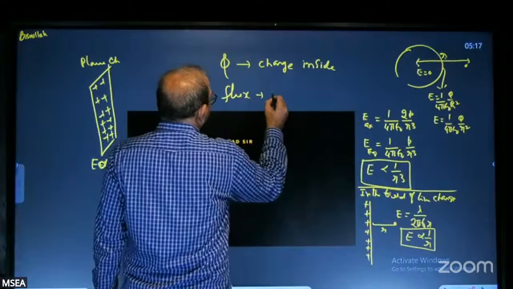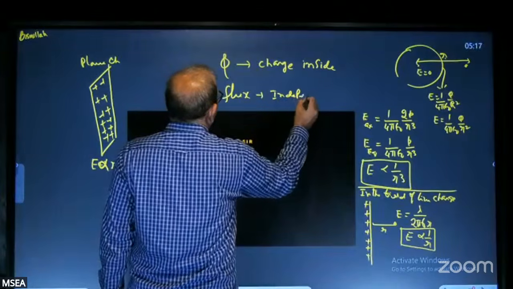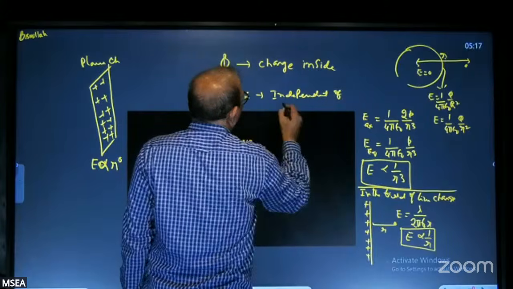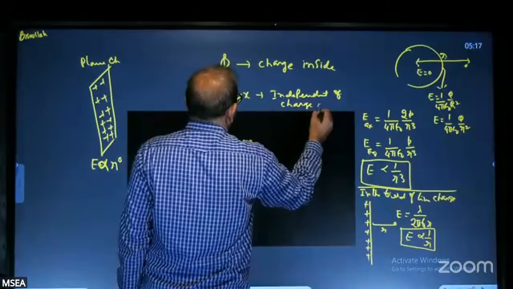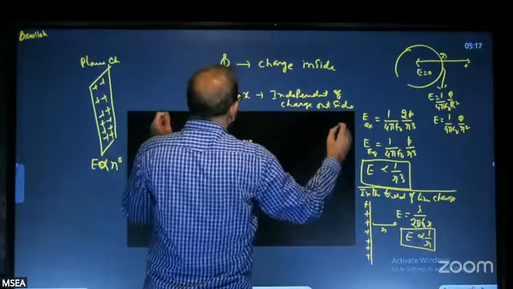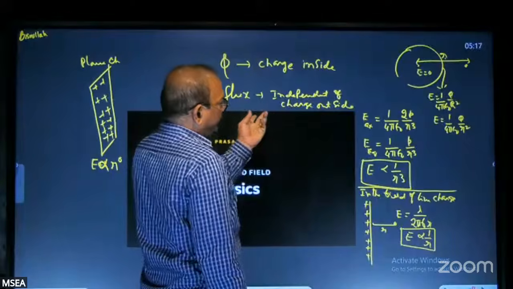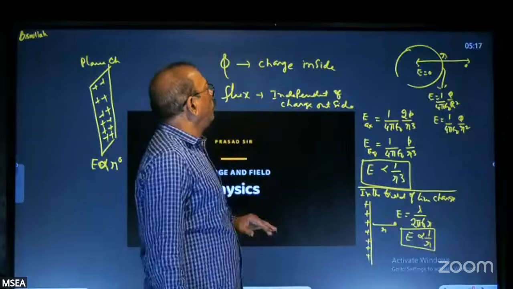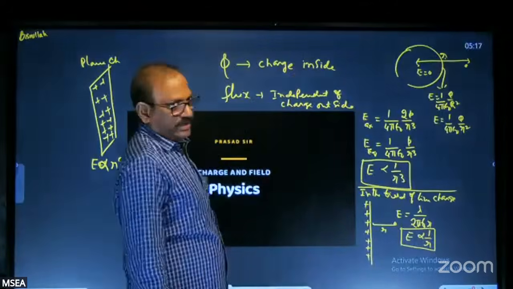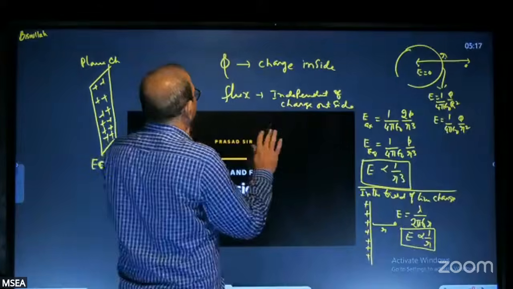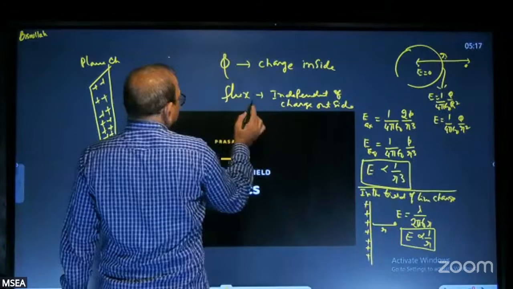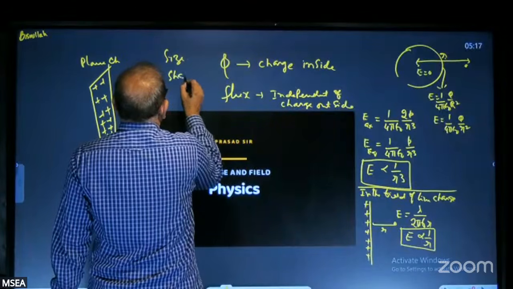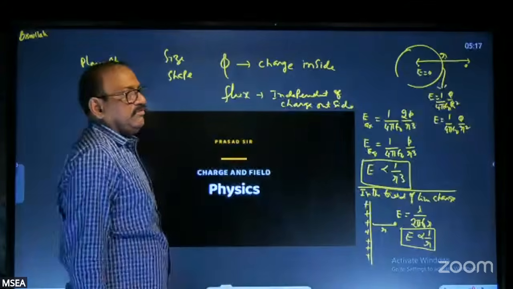Flux is independent of charge outside. Flux passing through a Gaussian surface due to charge present outside that Gaussian surface is 0. Flux is only due to charge inside. And flux doesn't depend on the size of the Gaussian surface and the shape of the Gaussian surface.